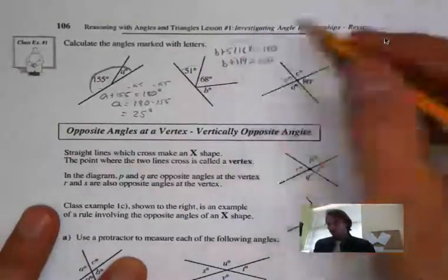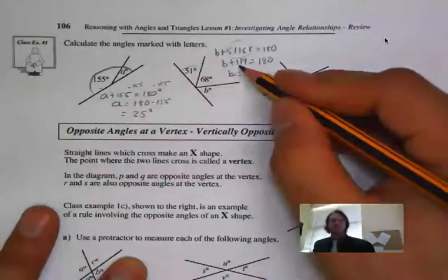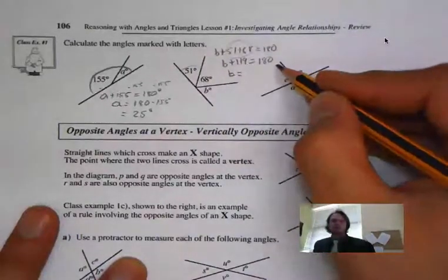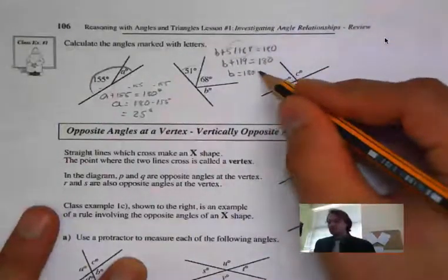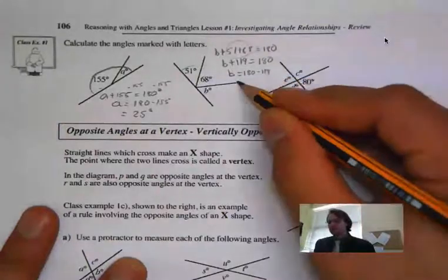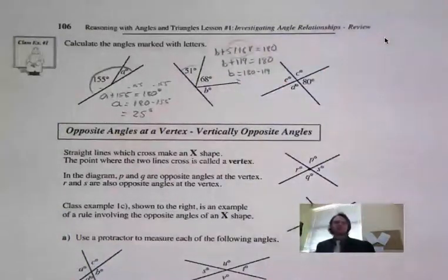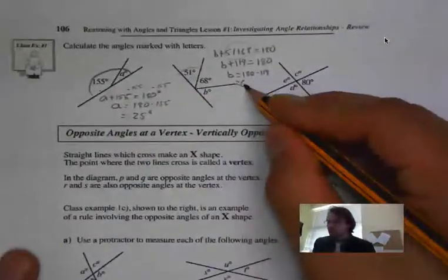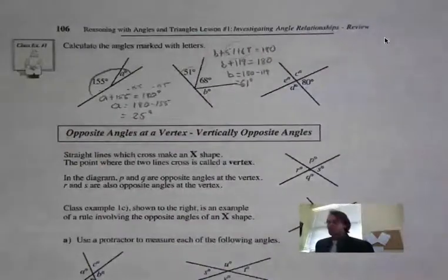So I just combine those for the first step. Now B is equal to, I have to subtract 119 from both sides to isolate for B. So B is equal to 180 minus 119. That is going to give me 61 degrees. There we go. Done.